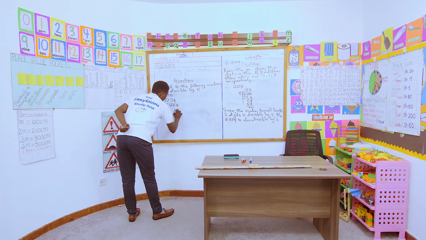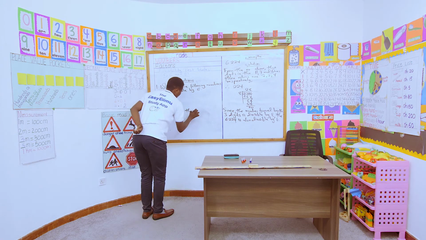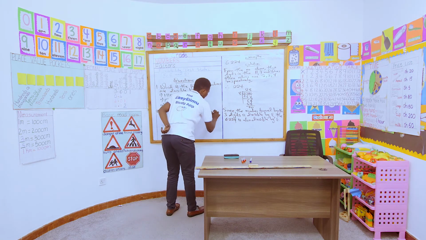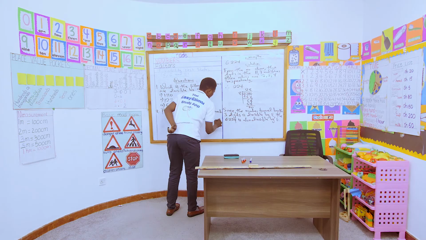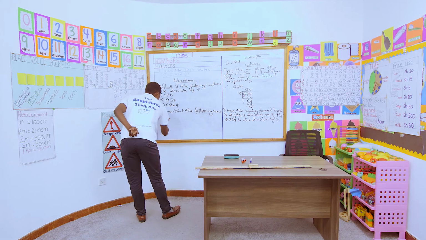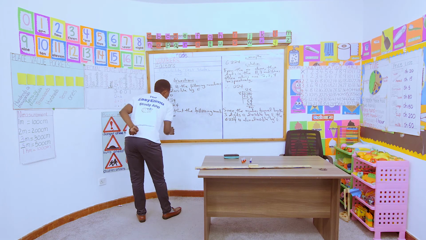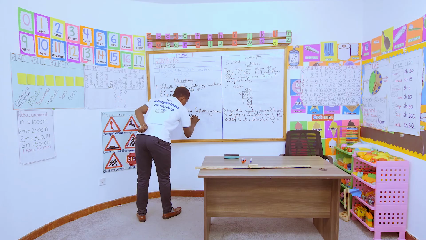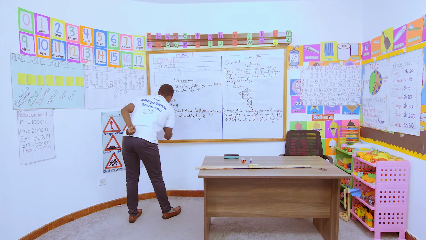Number 2, prove that the following numbers are divisible by 8.